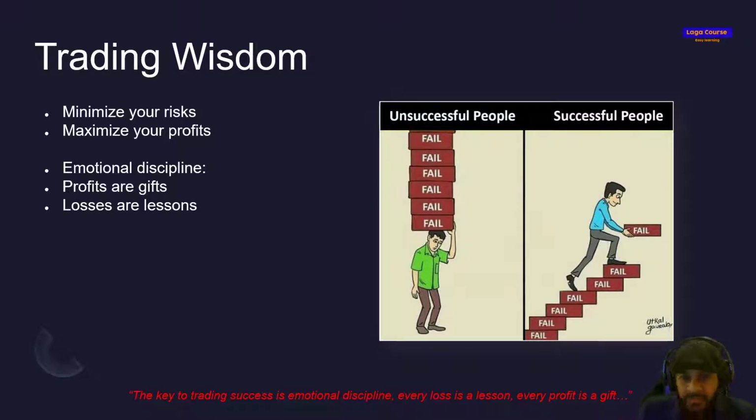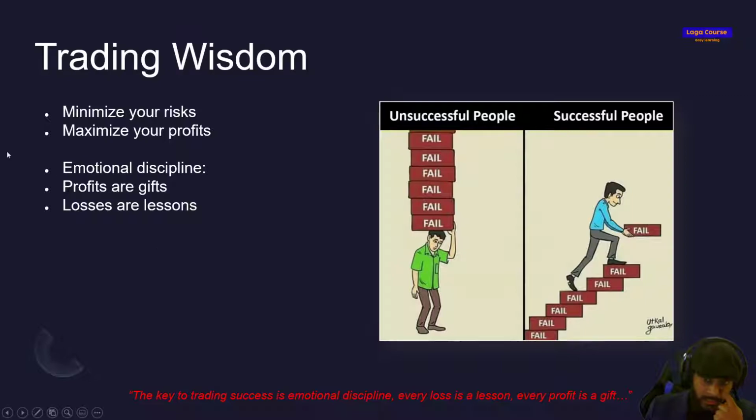Trading wisdom. This is what we got to realize: if you're gonna invest, trust me, you're gonna lose a lot of money in the beginning. It's natural. If you try something new, you lose money and make a lot of mistakes. But these failures and mistakes are a good sign of improvement. You're trying out something new.